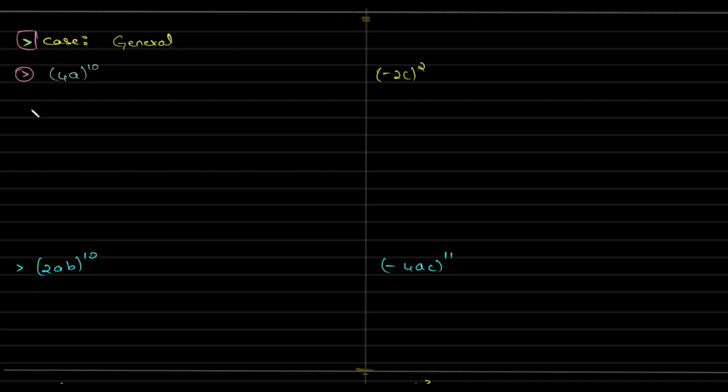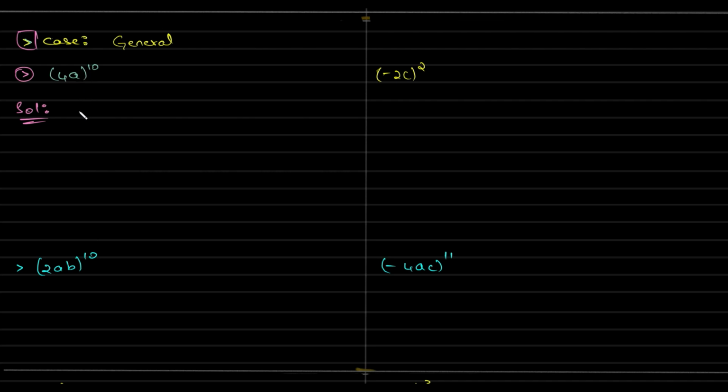Case general. So I'm including the negative term also, negative power as well. There is no difference as such, just that it's negative, you know. You just have to be a bit careful, and you already have understood the basics from first class itself, because I've been putting into your head that negative multiplied an even number of times will give you positive, and an odd number of times, if I multiply a negative term, I'll get negative.